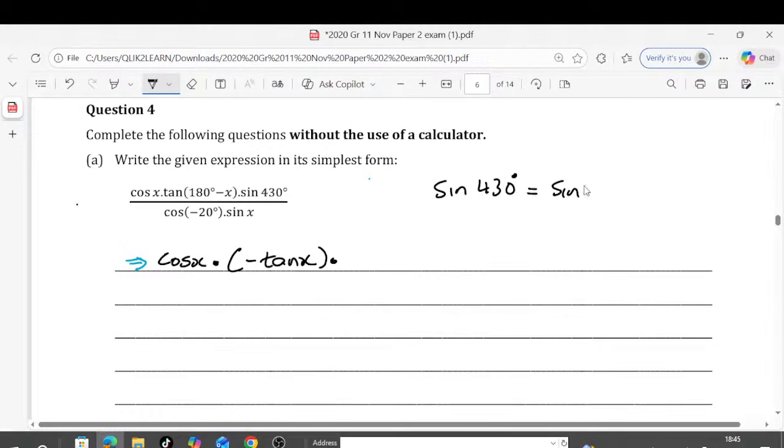So we can write this as the sine of 430 degrees minus 360 degrees. This will give us the sine of 70 degrees.